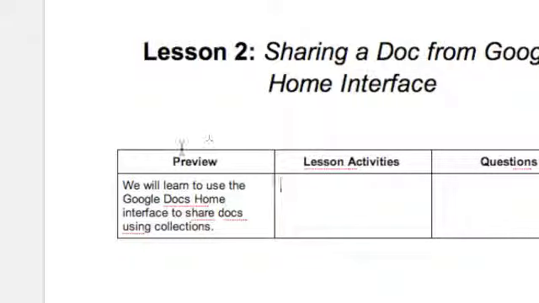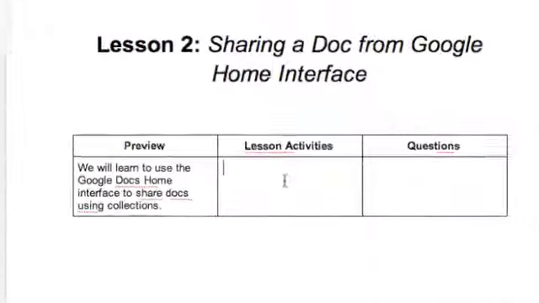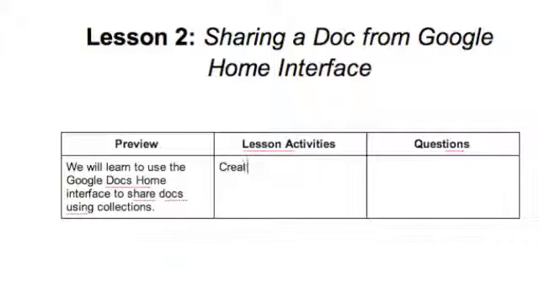So how are we going to go about doing this? Well, lesson activities so far. We've created a document. So this document will show up in our home page interface. Obviously, as I write here, we're highlighting some document features.